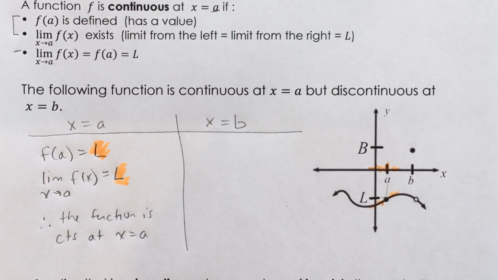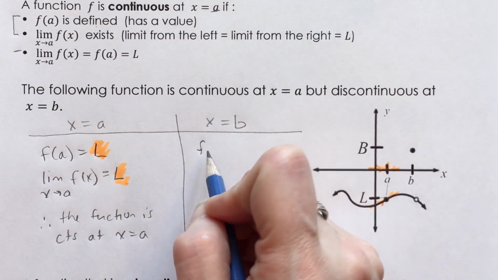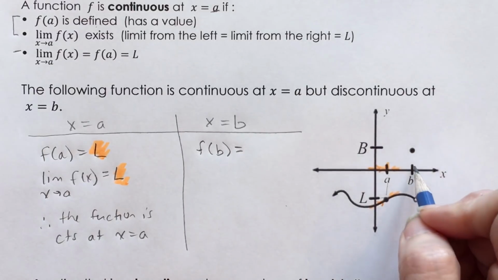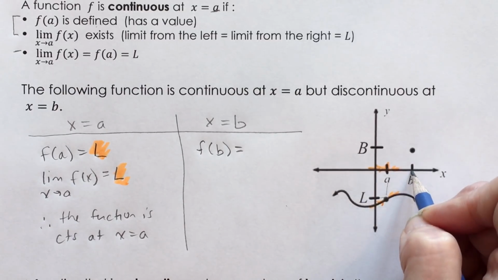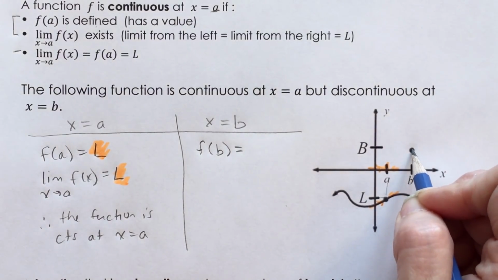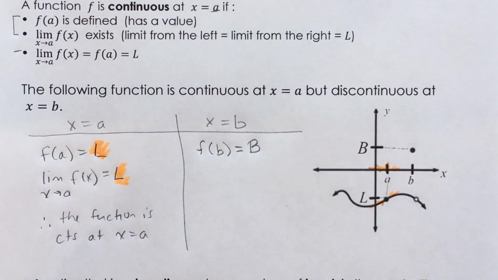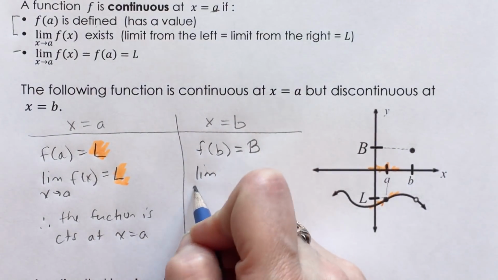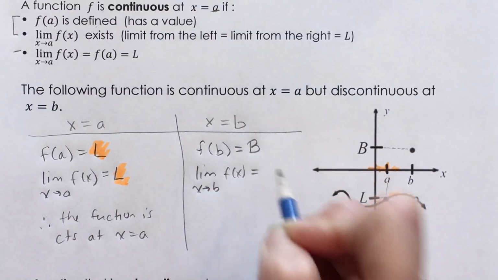So now we're going to talk about x equals b. First of all, we want to know f at b has to exist. So here's b, and this hole should be right underneath b here. But the point that's actually on the curve is at capital B, so f at b is capital B. Second part of the test, the limit as x approaches b of f at x has to exist.